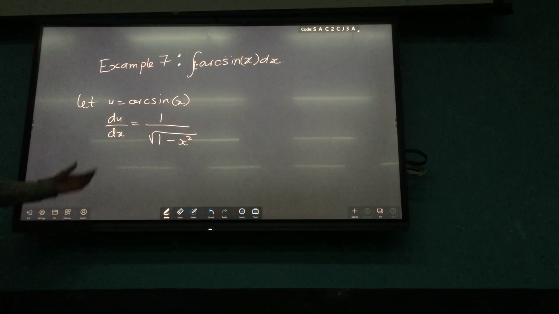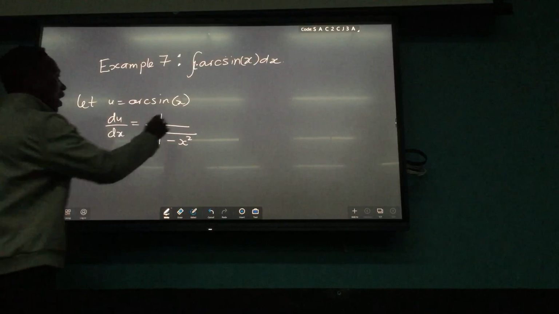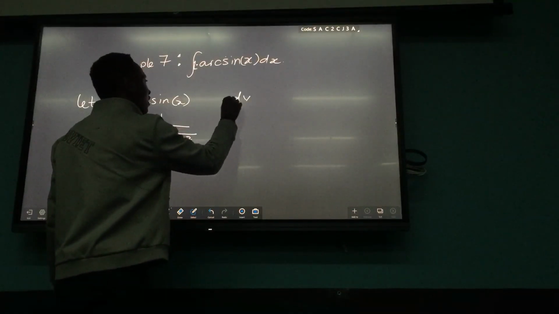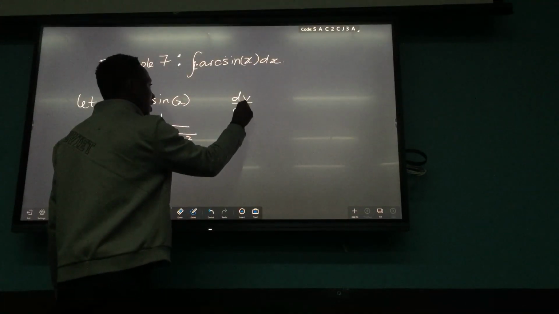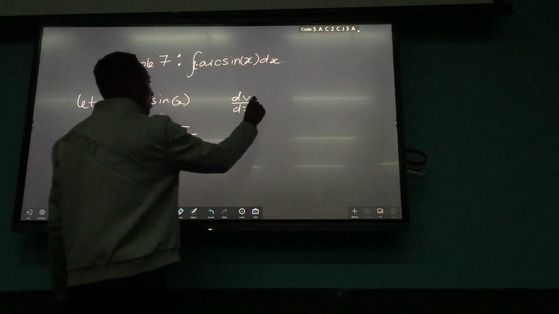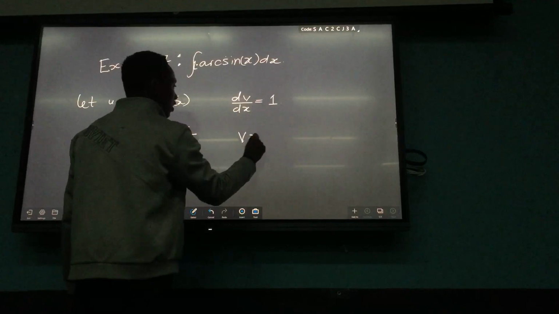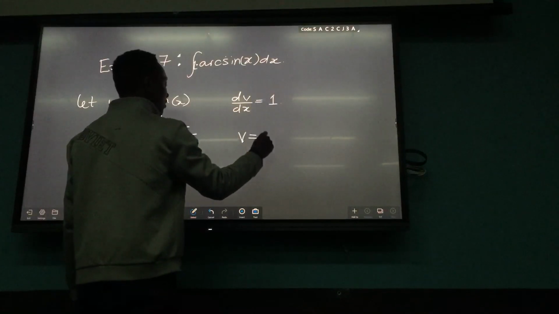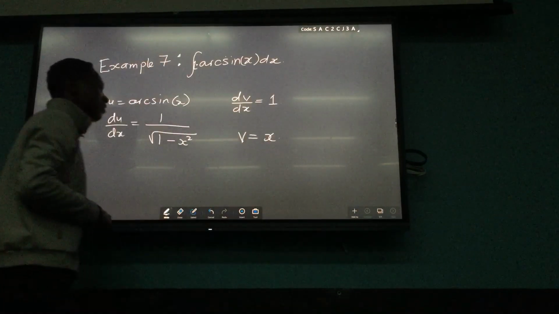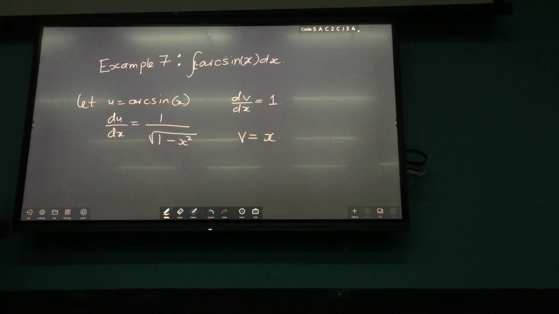So what's remaining becomes our dv dx automatically. That's the 1. It's going to be our dv dx, meaning our v is going to be the integral of dv dx, which is x. So we're going to have those 4 terms.